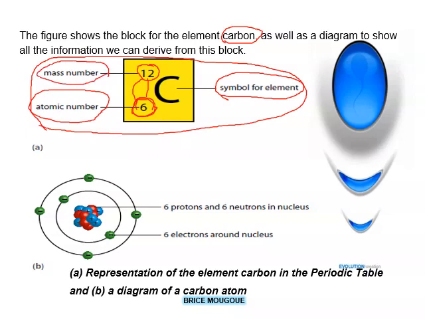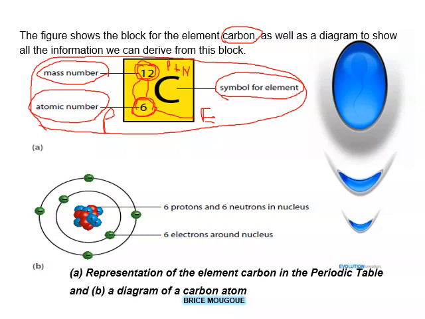Remember, the atomic number is the number of protons present in the nucleus, and in a neutral atom, it also gives us the number of electrons. So the atomic number is for two things, protons and electrons, while the mass number is for protons plus neutrons.